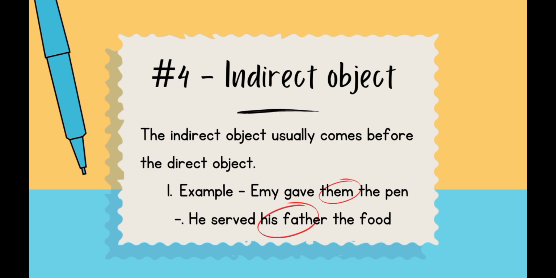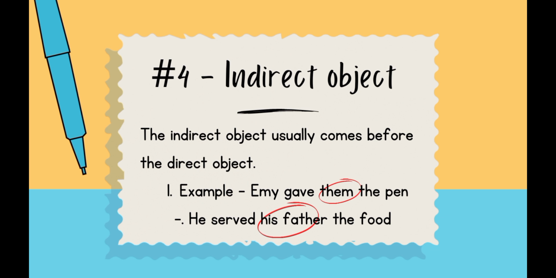So, examples of indirect objects here. The indirect object usually comes before the direct object. So, we have example. Amy gave them the pen. Them is the indirect object, and the direct object is the pen.